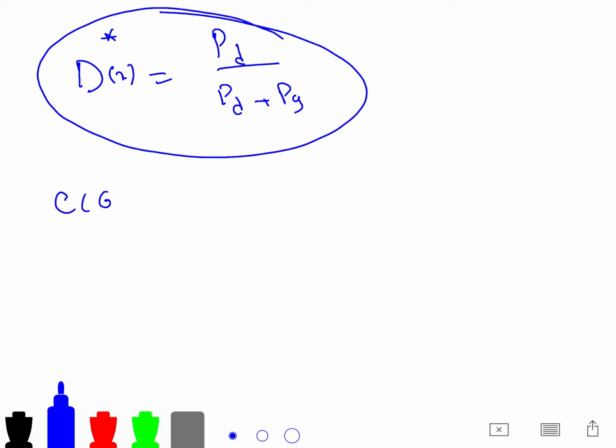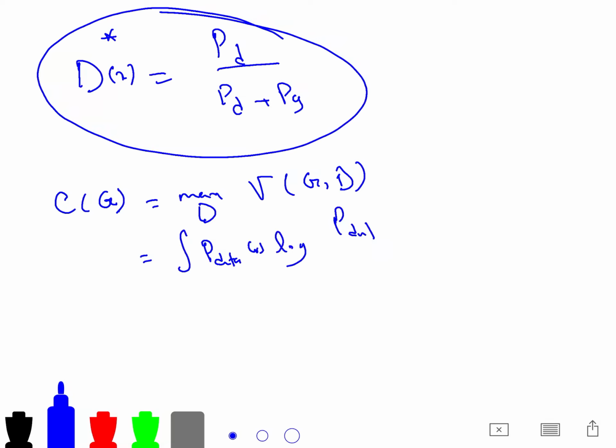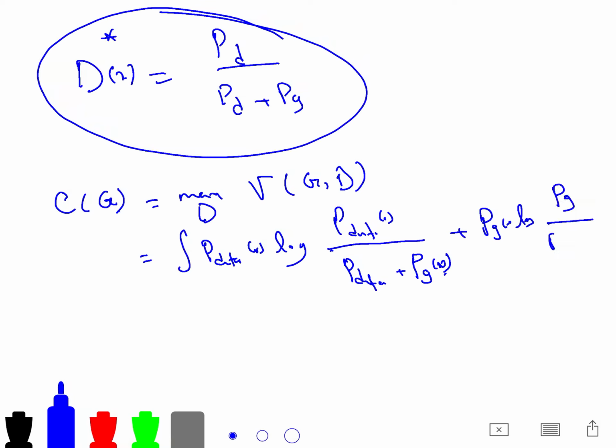Now we want to say that C of your generator is the maximum with respect to D, and this is equal to p data of x log of p data of x divided by p data plus pg of x, plus pg of x log of pg divided by p data plus pg.